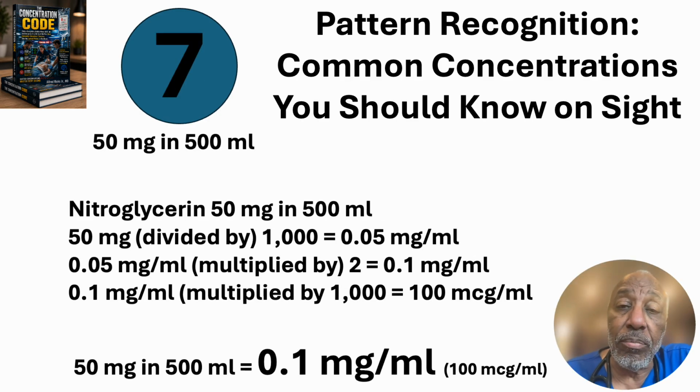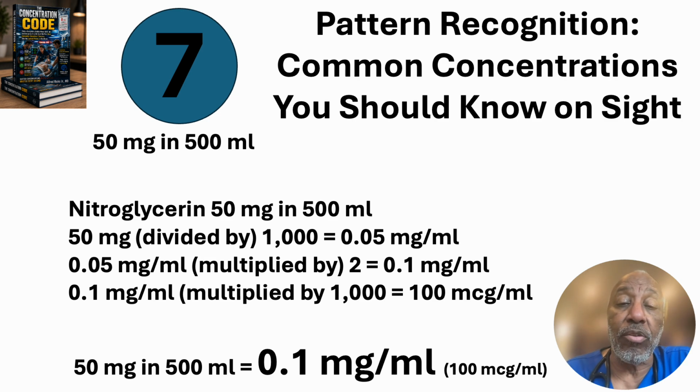The seventh pattern is 50 milligrams in 500 milliliters. This shows up with nitroglycerin and some other cardiovascular infusions. Apply the divide by 500 shortcut. 50 divided by 1,000 is equal to 0.05, times 2 equals 0.1. The concentration is 0.1 milligram per milliliter.